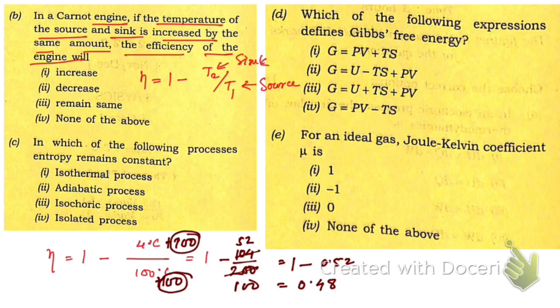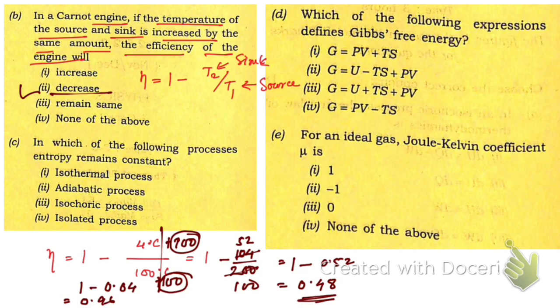When we had 4 by 100, we got 0.04 and the efficiency was 0.96. Now the efficiency has decreased, so the answer will be number 2, decrease.